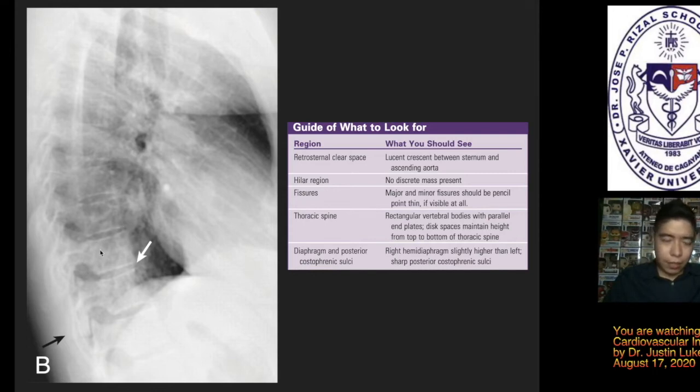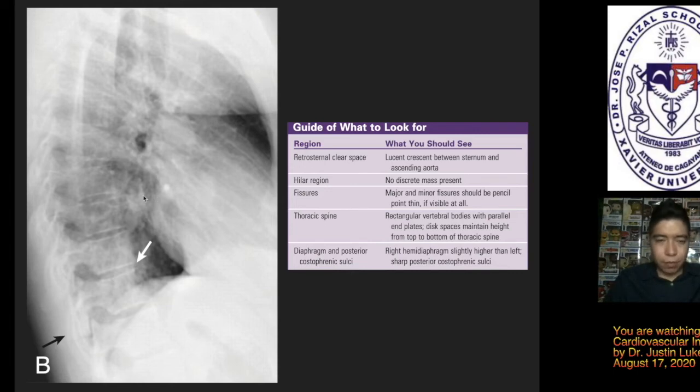A true lateral radiograph would have the ribs superimposed on each other. So this is actually slightly oblique, but it's relatively of good quality since we can see very well the thoracic spine as well as the retrocardiac space. This is the retrocardiac space.